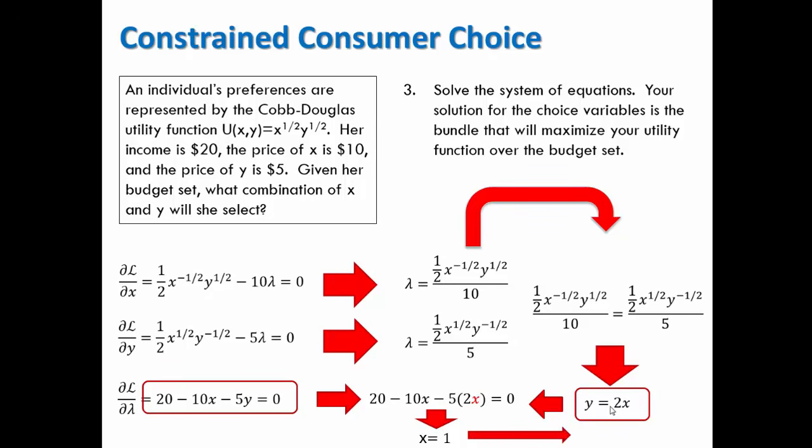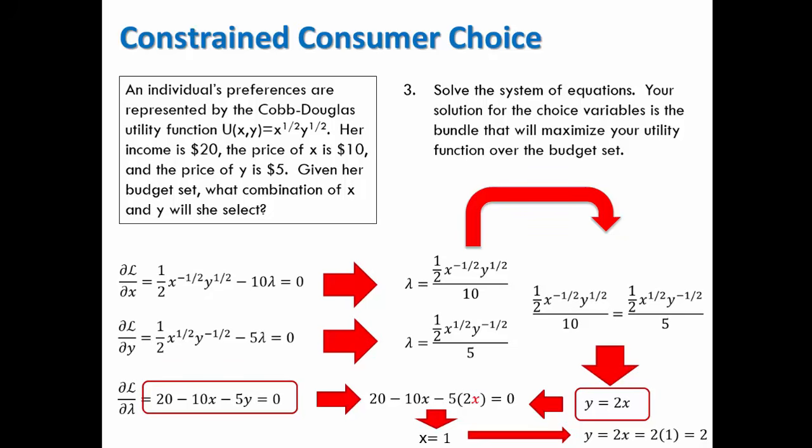Given that y is 2x and x is 1, y is 2 times 1, which is 2. And that's the answer here. Given this individual's specific Cobb-Douglas utility function and given the income she has and prices she faces, her best decision will be to consume 1 x and 2 y's.